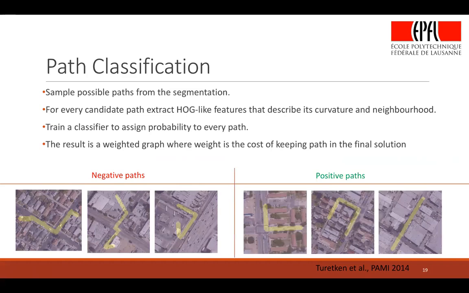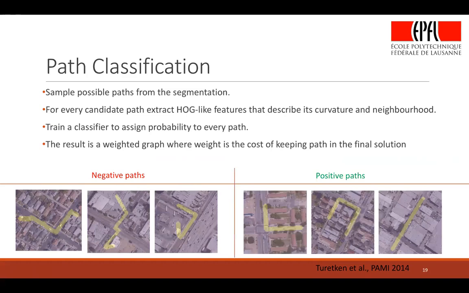So some of the sampled paths will be crossing backgrounds, and we want to filter them out. On the left, you can see a few examples of the negative paths, and on the right, a few examples of positive paths. In order to classify them as positive or negative, we extract some set of features that describe the curvature of the path and its neighborhood, and then we train a classifier to assign a probability of whether it's a positive path or a negative one.